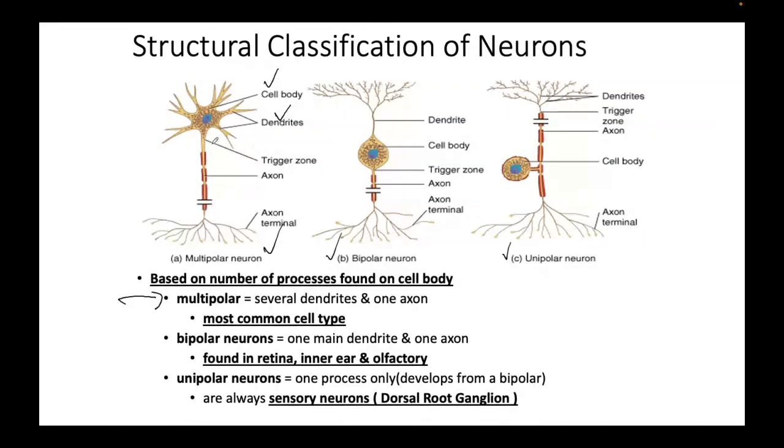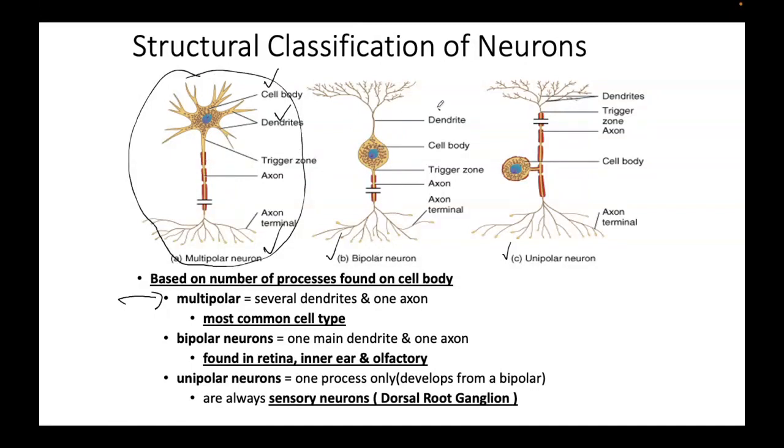You got the Nissl bodies, you got the axon hillock, the axon, right? This is the one that we typically talk about when we talk about the neuron to learn all of its components. That's the most common type. You got several dendrites with one axon, okay?